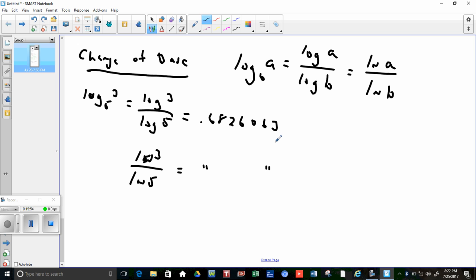So it doesn't matter what you do. So just know the change of base formula is the log of the argument over the log of the base, the upper over the lower, log of A over log of B, log of 3 over log of 5. And then you can actually find the decimal approximation based upon that value.